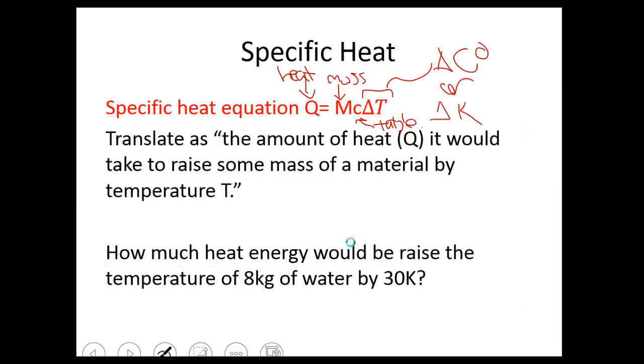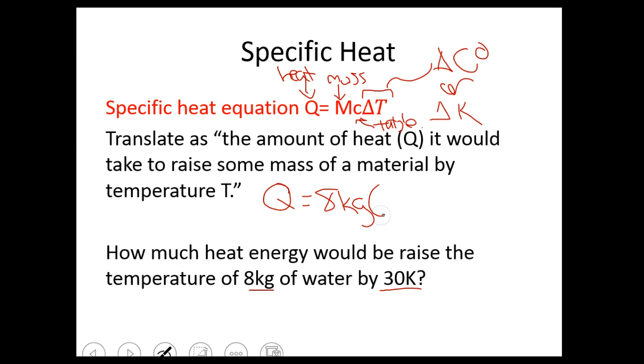How much heat energy would it take to raise the temperature of 8 kilograms of water by 30 Kelvin? Well, let's start with this equation. We don't know how much heat, but we do know the mass of the water, that's 8 kilograms.